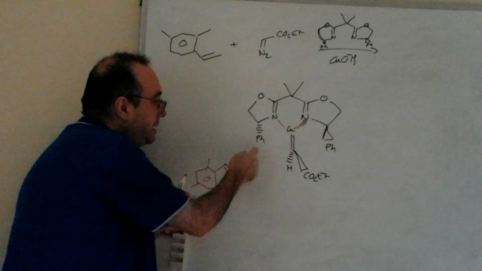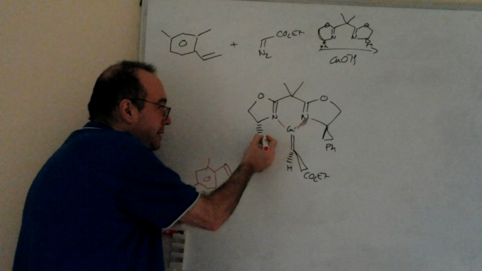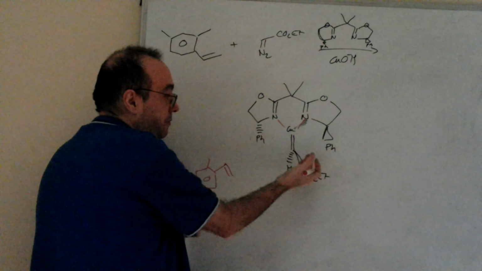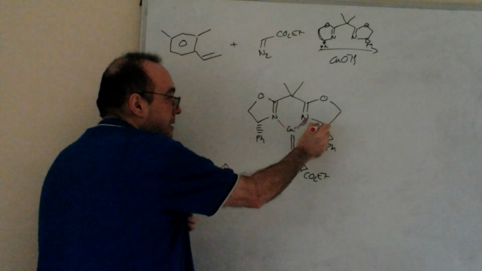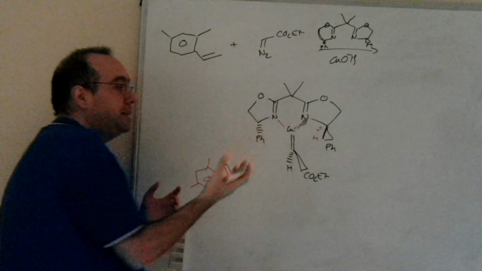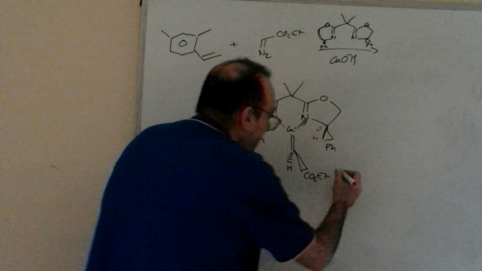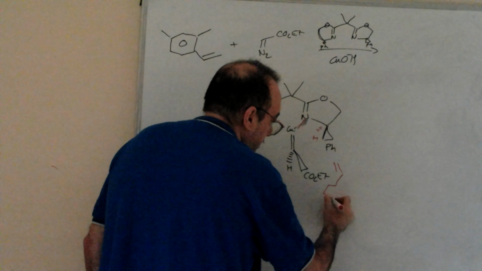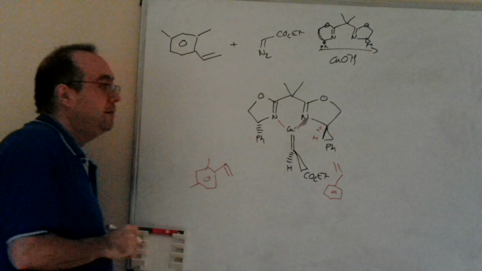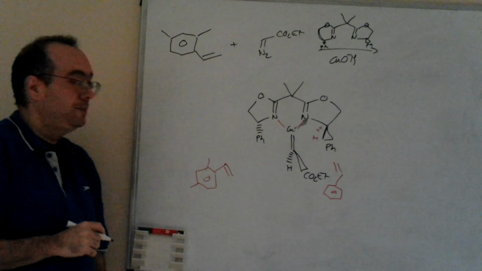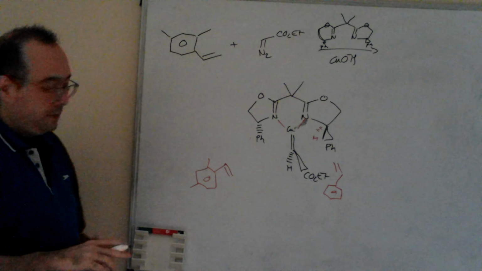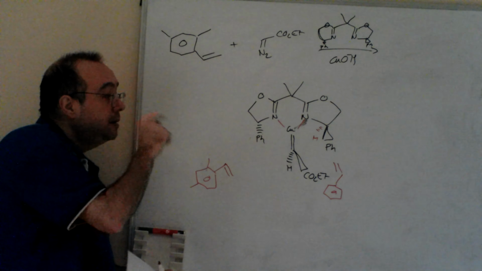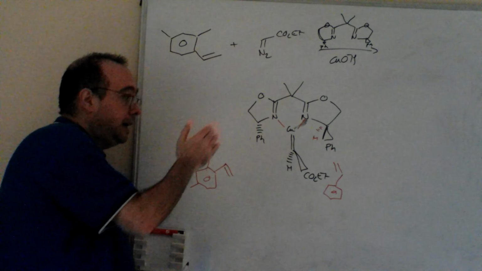If it's coming from behind on this side, it is crashing with this phenyl. However, if it comes from behind on this other side, it is crashing only with this hydrogen. That means it's more stable, so it will come from behind and in this side.